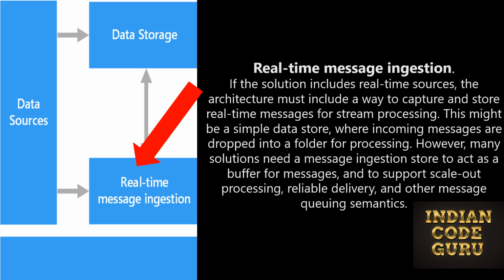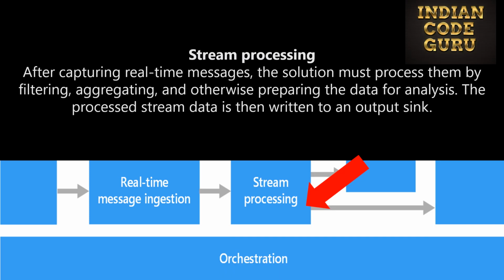However, many solutions need a message ingestion store to act as a buffer for messages, and to support scale-out processing, reliable delivery, and other message queuing semantics. Stream processing. After capturing real-time messages, the solution must process them by filtering, aggregating, and otherwise preparing the data for analysis. The processed stream data is then written to an output sink.